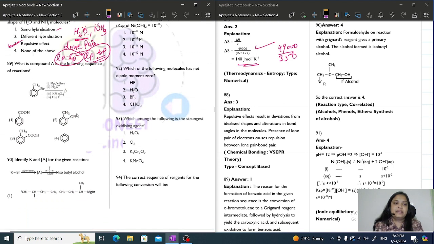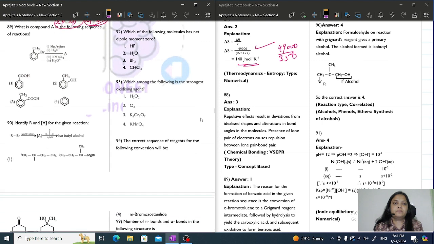Now question number 89, which says what is the compound A in the following sequence of reactions. So okay, let's do it here. We are having orthobromotoluene. First of all, magnesium is added in the presence of ether and then hydrolysis. When magnesium is added in the presence of ether, we will get MgBr.